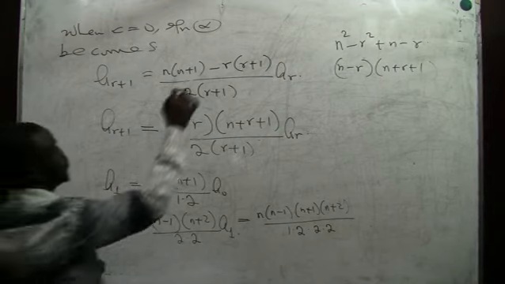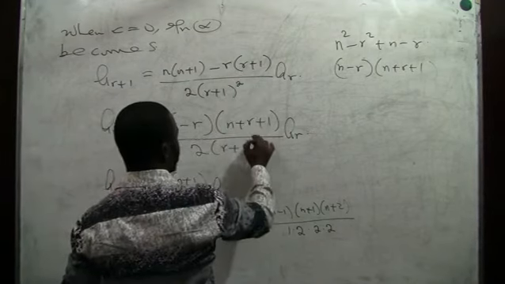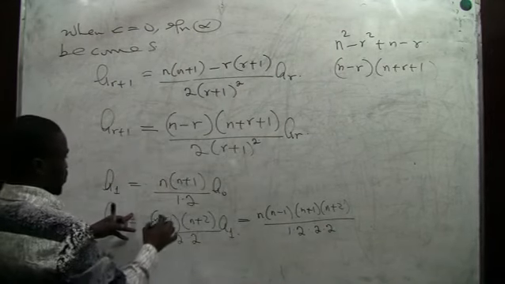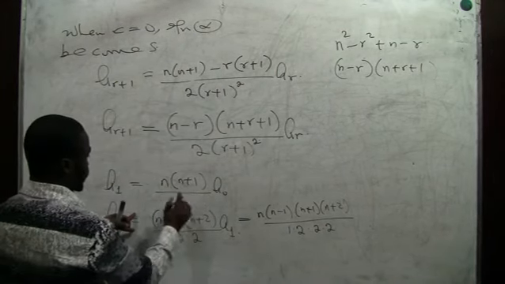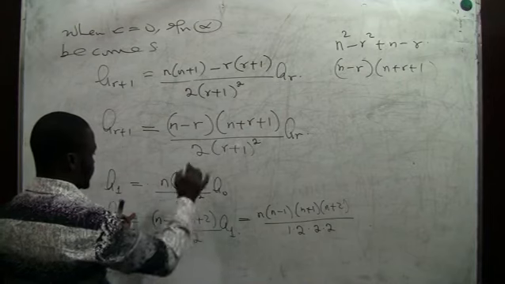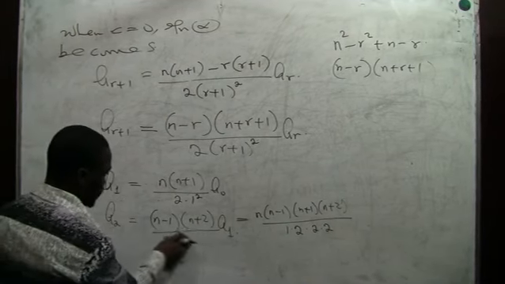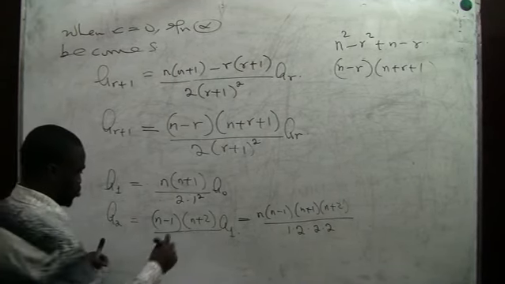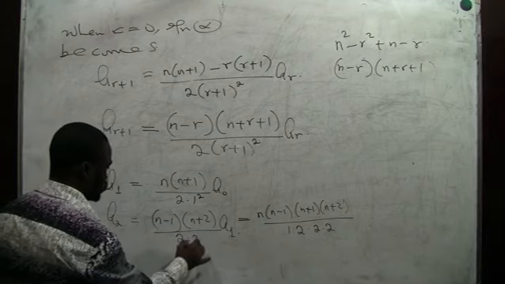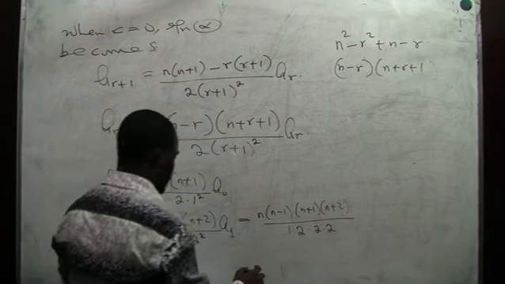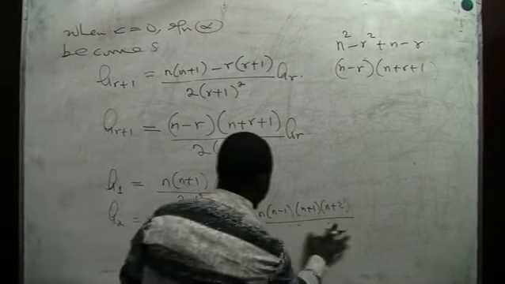Oh, this is supposed to be squared. So I will have had this one as 2 multiplied by 1 squared, and this will have been 2 multiplied by 2 squared, which will give us 2 squared, bracket 1 squared, 2 squared, A0.